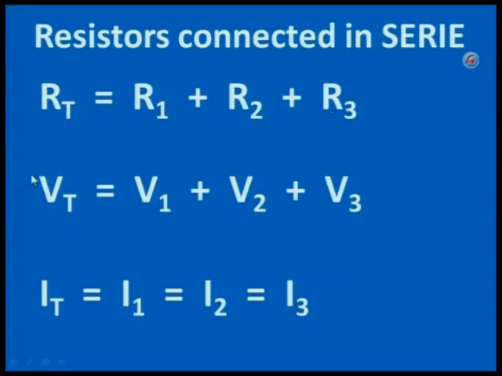The total voltage or potential of the circuit would then be the reading on voltmeter 1 plus voltmeter 2 plus voltmeter 3. And the current through the circuit is equal to the current through resistor 1, the current through resistor 2, and the current through resistor 3.